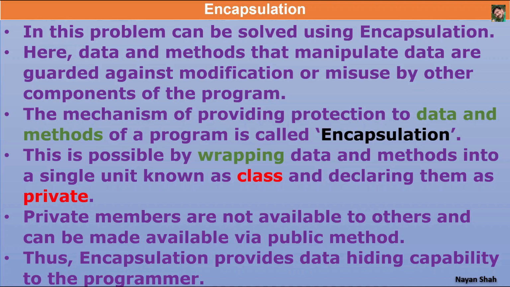So actually what happens in encapsulation is that data and methods, that is variables and methods or functions, are wrapped into a unit called class, and that class we declare as private. So it becomes encapsulated. The word capsule is very important here.